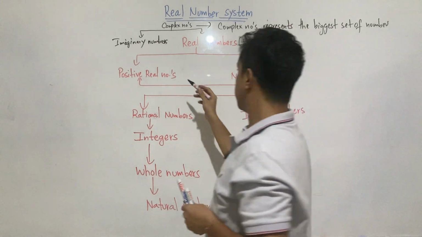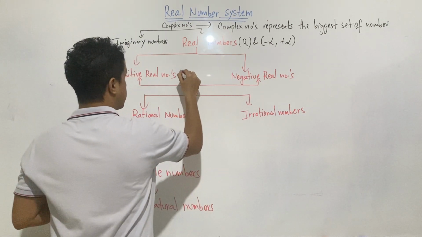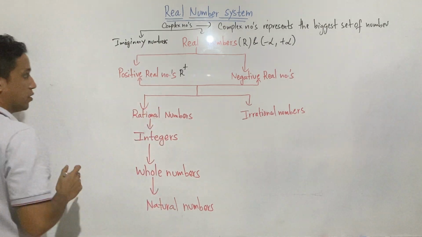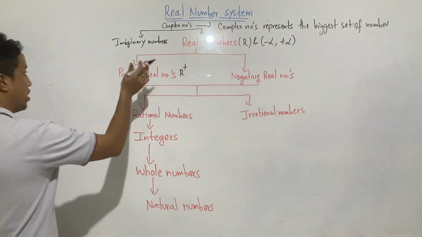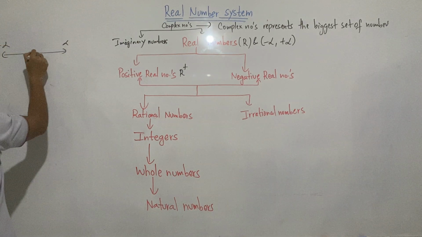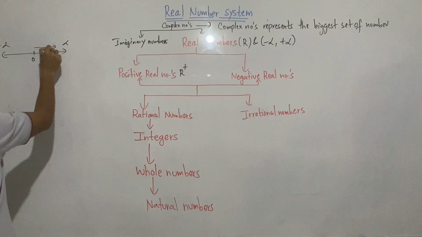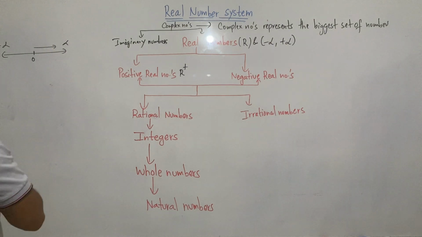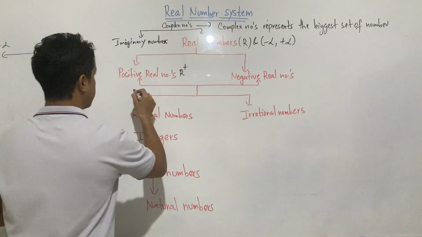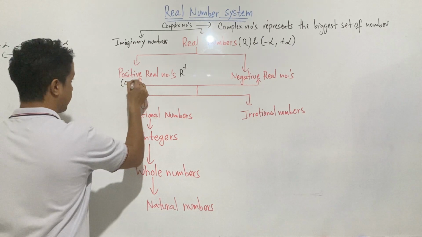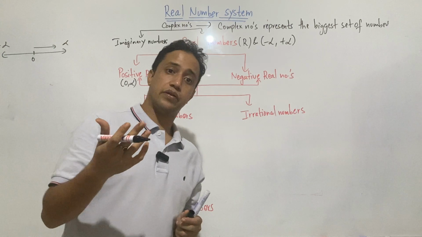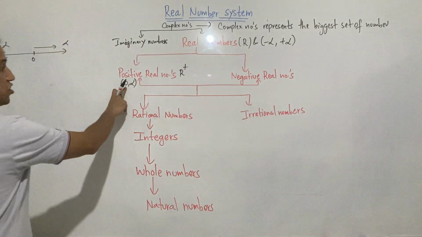Positive real numbers, how do we represent them? R plus. Here this is infinity, this is minus infinity, this is 0. Positive means this side, so this is going to be 0 to infinity. Why? Because 0 is neither positive nor negative, so here I did not include 0.